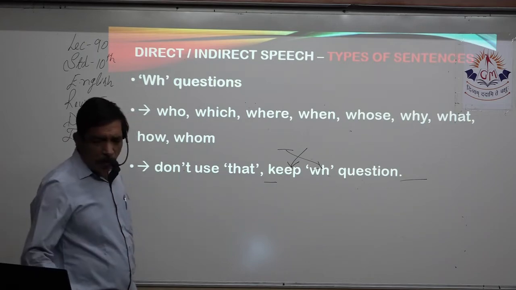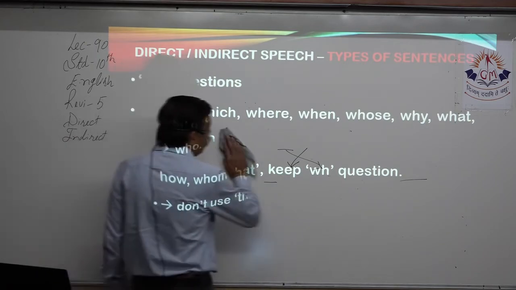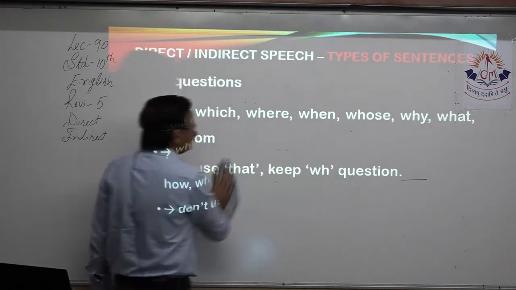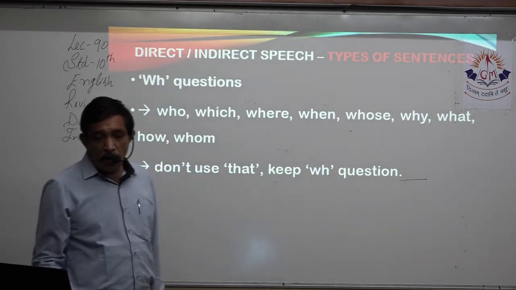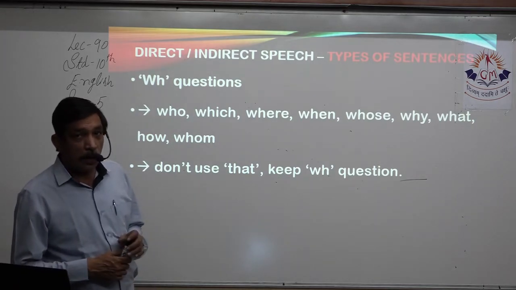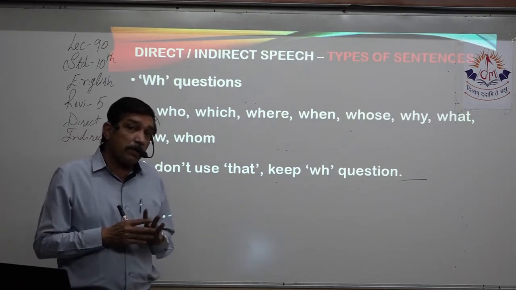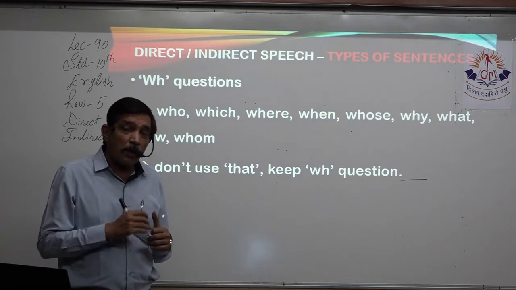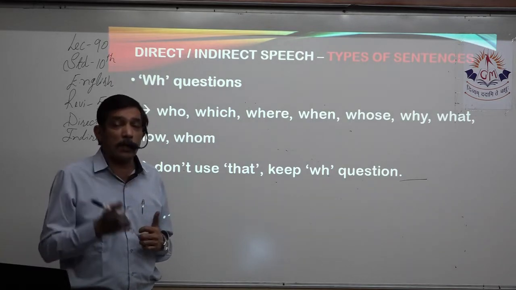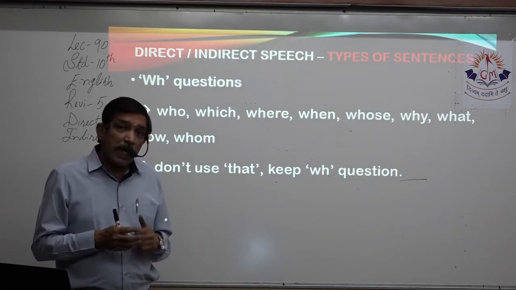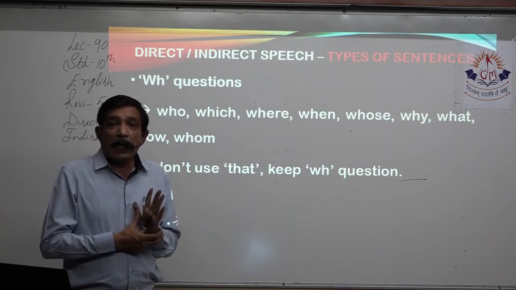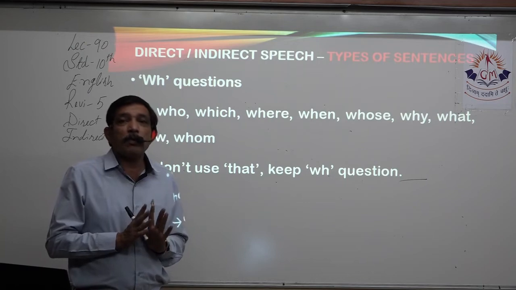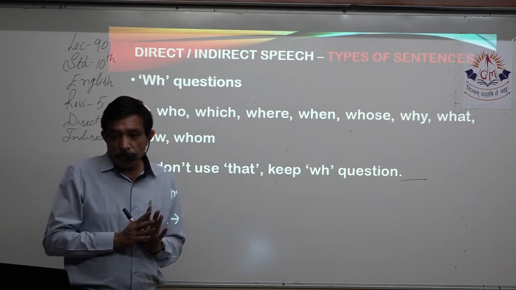WH questions, all the WH words: who, which, where, when, whose, why, what, how, whom. Now, don't use "that" over here. Why did we use "that"? Because we removed the punctuation, that is the comma and inverted quotes. When we do the indirect with WH words, we have to keep the WH word as it is.